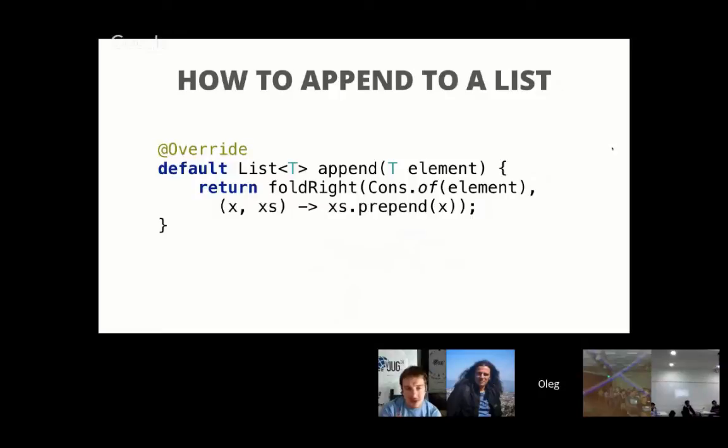So this shows that despite functional data structures being all cool and shiny and nice, there are use cases where you would actually have to think twice if you would like to use a particular data structure and if it supports the operations that you want with the performance that you need. So appending an element to a list is an expensive operation, and prepending is really cheap.